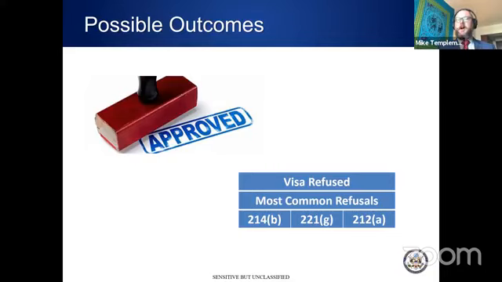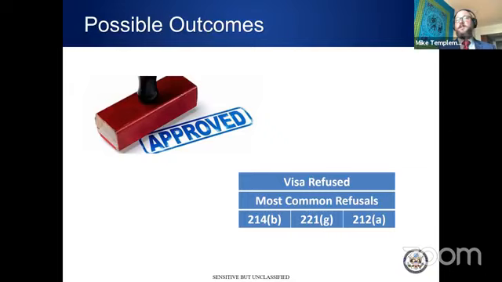So either you'll hear that your visa is approved and you'll be given that notification right there, or your visa will be refused under one of a number of potential US immigration laws, okay?